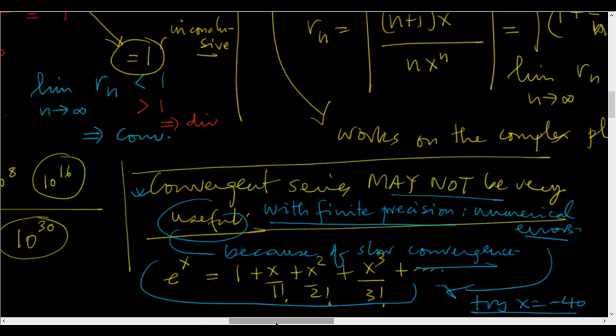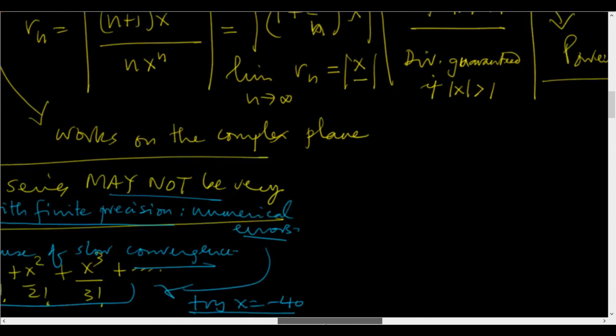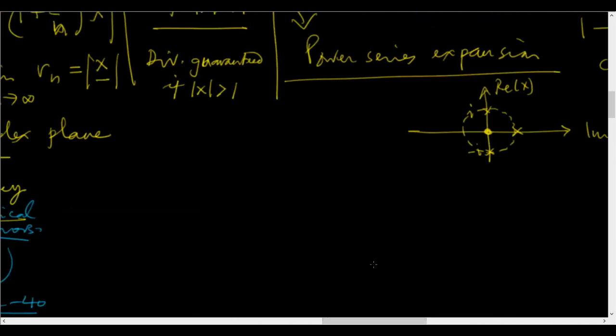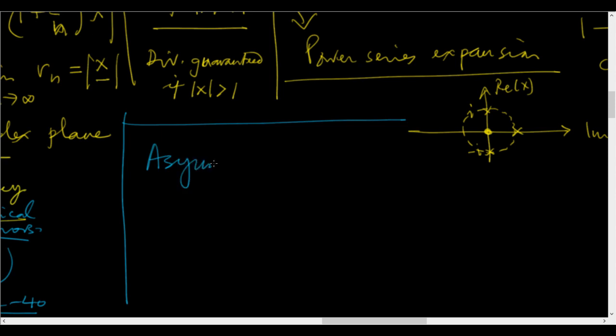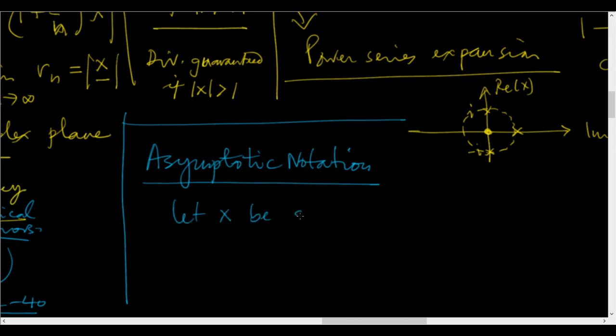Now let me show you something about asymptotic series. So for that we have to introduce asymptotic notation. We are frequently interested in some small quantity, so we will say let x be small.